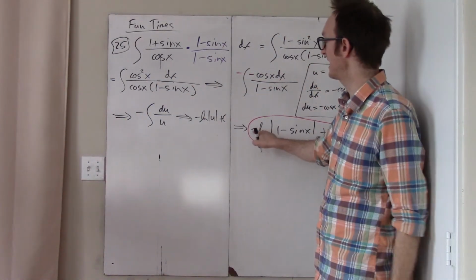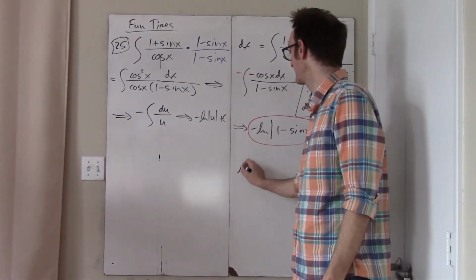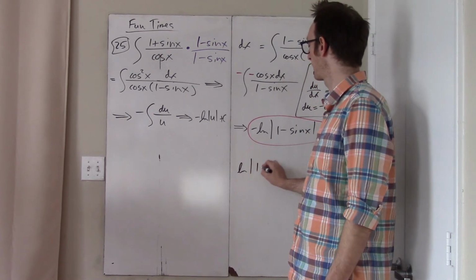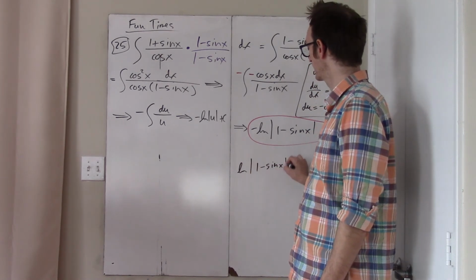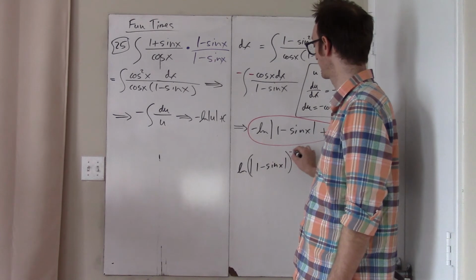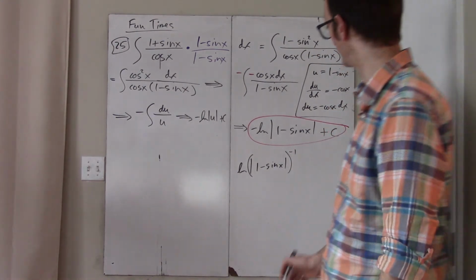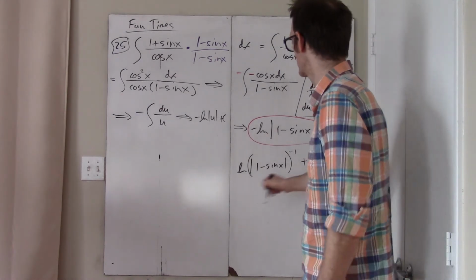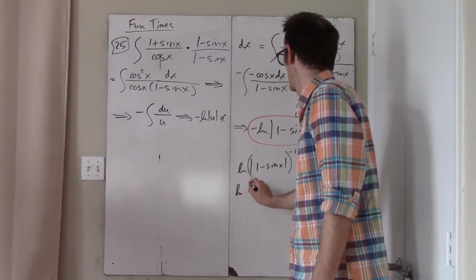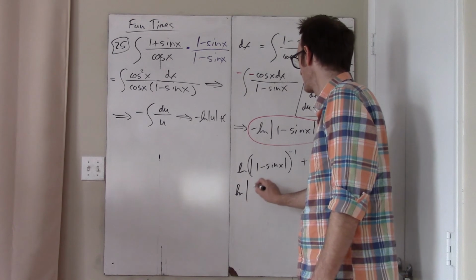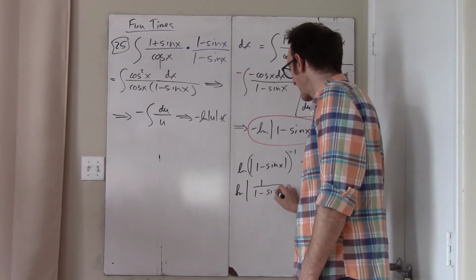Thinking of that negative as a negative 1, this is ln of 1 minus sine x to the negative 1, by log rule. So that means that this is ln of 1 over 1 minus sine x.